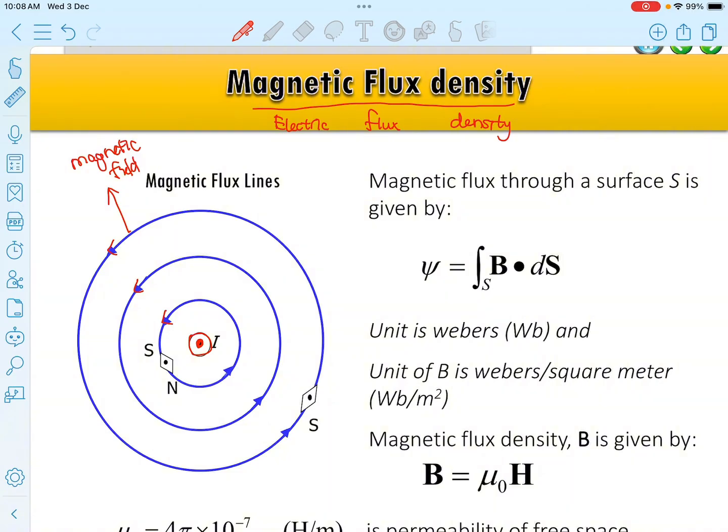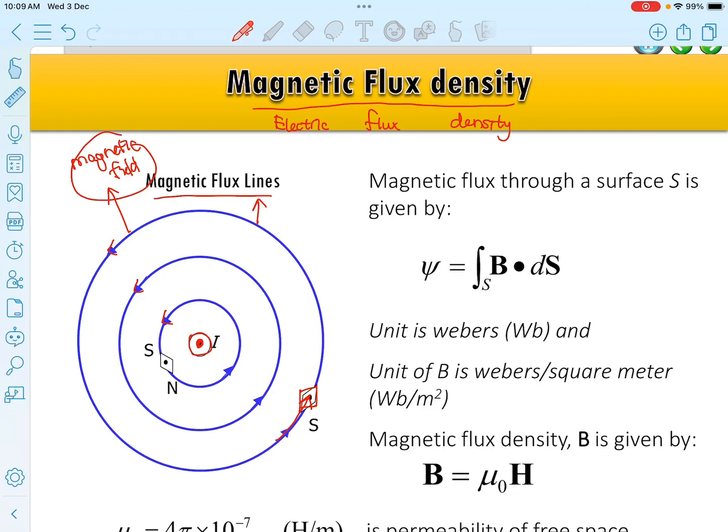We always represent our magnetic field by using magnetic flux lines. All these blue lines are magnetic flux lines, which we use to show that there is a magnetic field surrounding a current filament. If you want to know the total flux passing through a surface, let's say I have a surface here, and the magnetic field is passing through this surface.